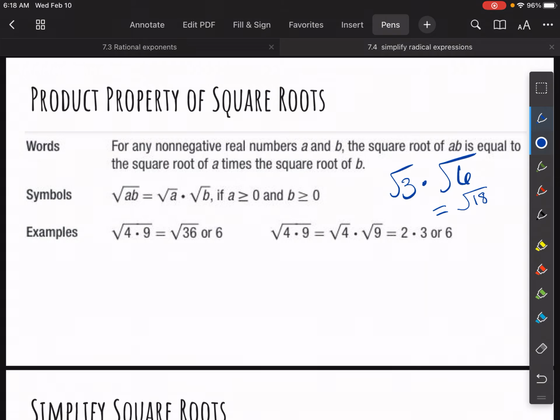You can multiply those two things together and it'll be the same as the square root of the product, 18. All right, so that's what it's saying.